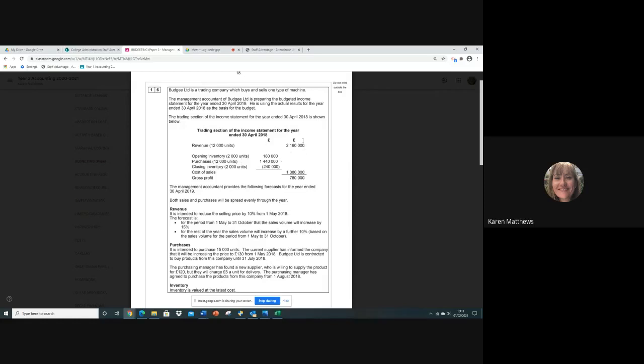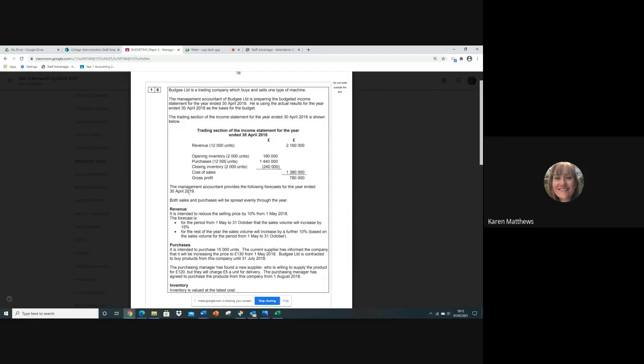So last year the selling price was 180 and the purchase price was 120. And the inventory has been maintained at a steady level, 2,000 units. So they've bought last year enough units to satisfy all of their sales.